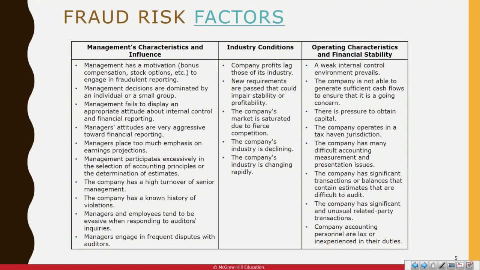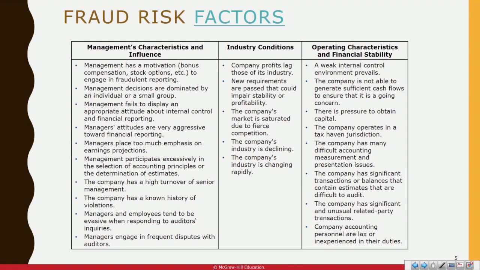If you have a dominant chief executive officer, and they're putting pressure on senior CFOs, controllers to manage the numbers, and these people don't do it, then they fire them. It doesn't mean that there's fraud, it's just that it could be somewhat troublesome. So it's a fraud risk factor.